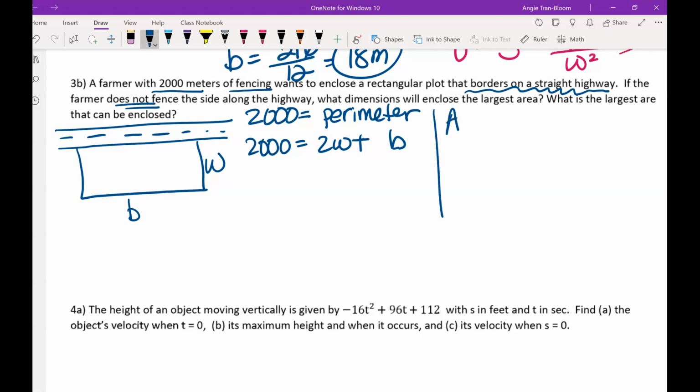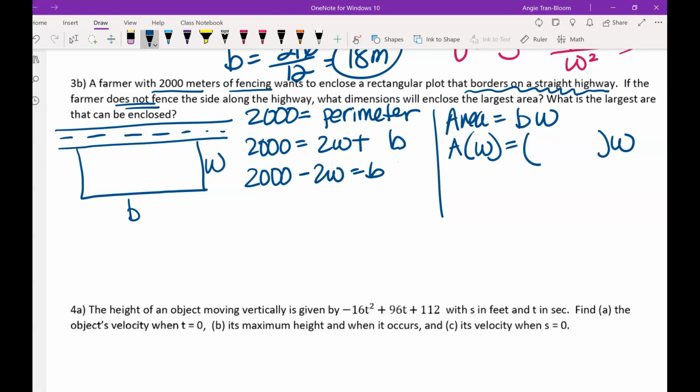So we are going to do area equals base times width. I'm going to write it with respect to W, so I'm going to replace my base and keep my W. Over here, I'm going to solve for base by moving 2W over. So 2,000 minus 2W equals a base.